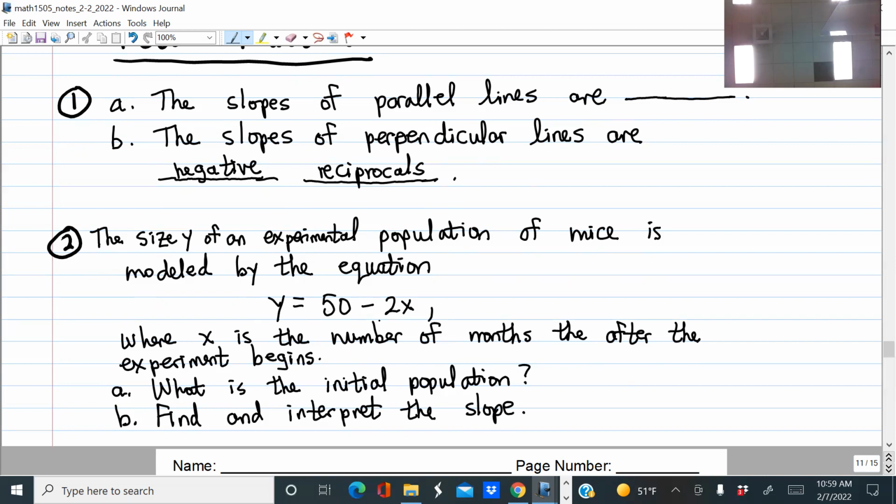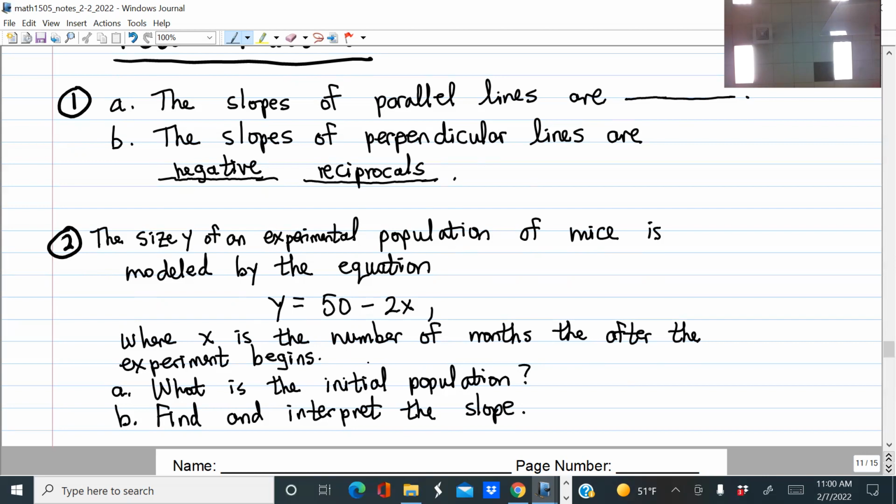So this tells us that y here is the size of an experimental mice population, modeled by this linear equation. And x here is elapsed time again. It's the number of months after the experiment begins. All right. So the two questions there: what's the initial population? So how many mice did we start with? And then what is the slope of this line? And what does that mean in the context of the problem?